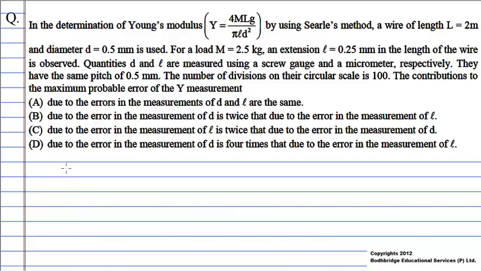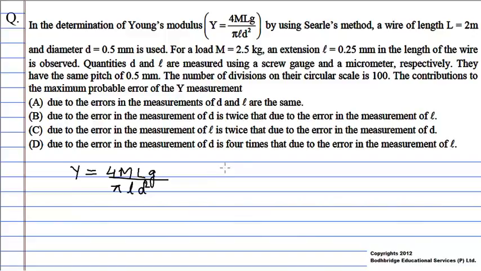It is given in the question that Young's modulus is given by Y is equal to 4m capital L into g upon π small l into d², where m is the load, capital L is the length, small l is the extension in length, and small d is the diameter.